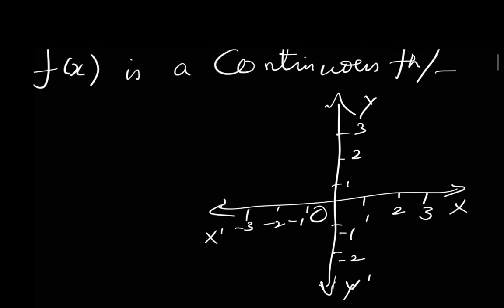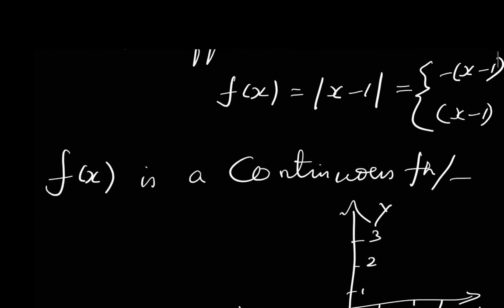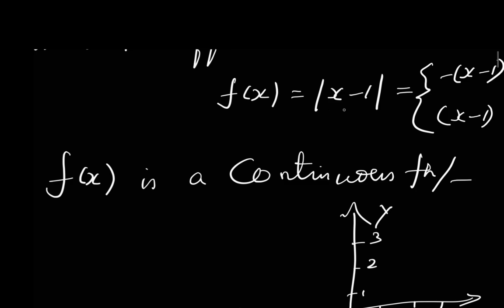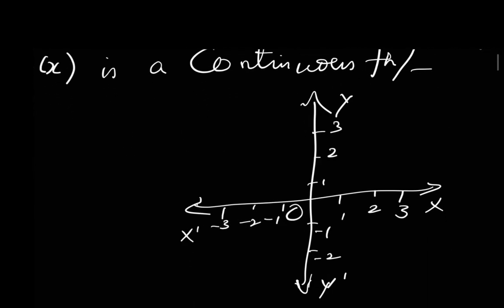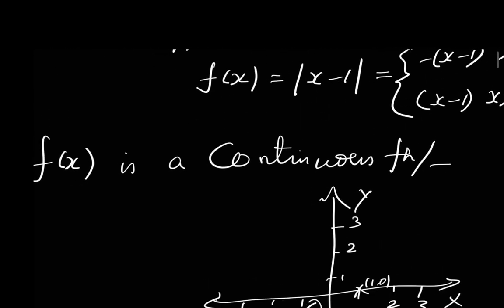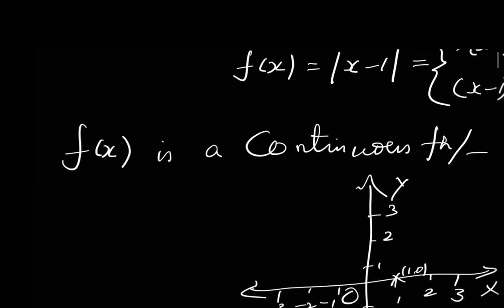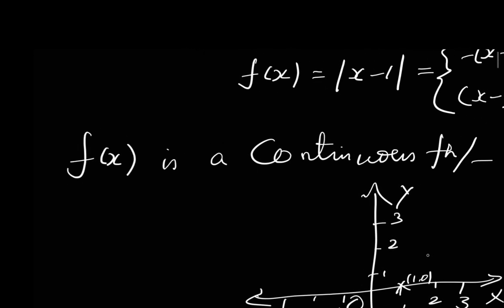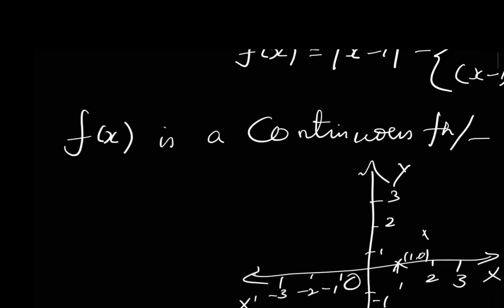Take the x-axis and y-axis. Whatever value we give for x, suppose I give x as 1, then 1 minus 1 is 0, so the y value is 0. So you are getting the first point here, (1, 0). Then if I substitute x as 2, I get (2, 1). Coming to the negative side, if I substitute x as minus 1, minus 1 minus 1 is minus 2, so minus of minus 2 is plus 2.